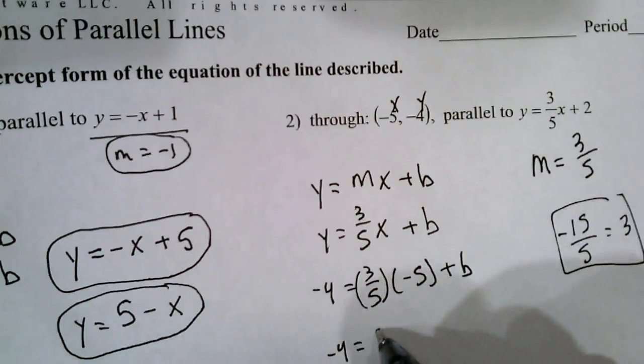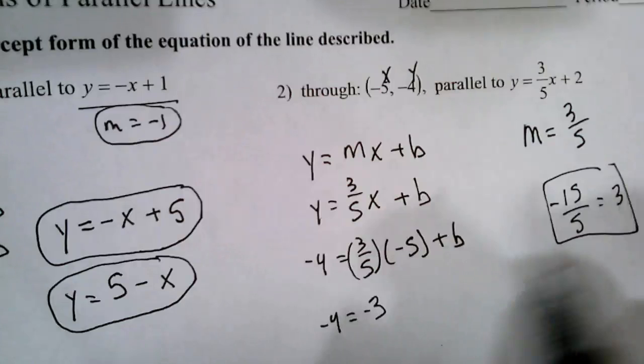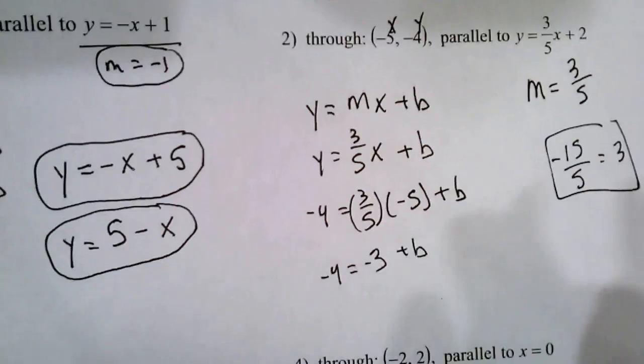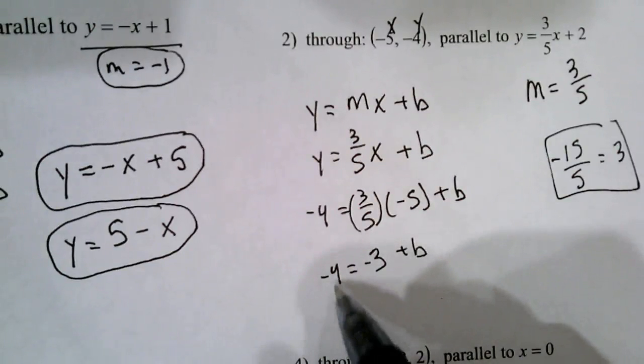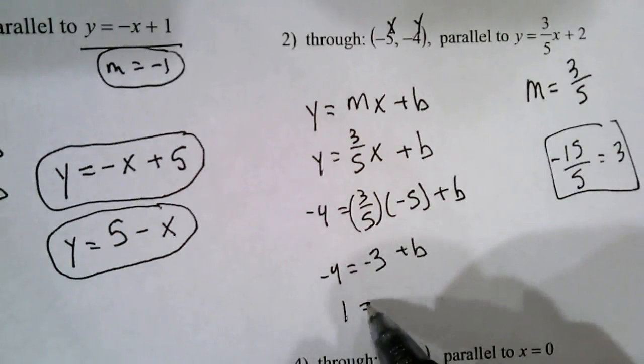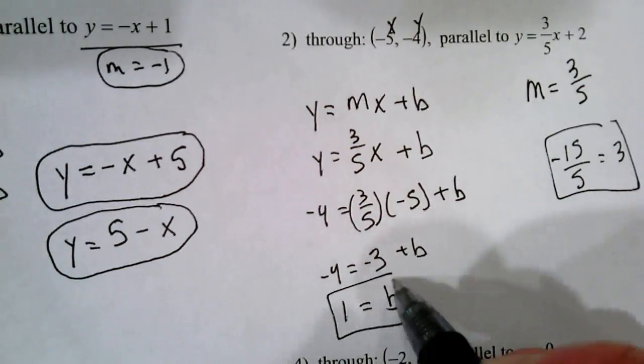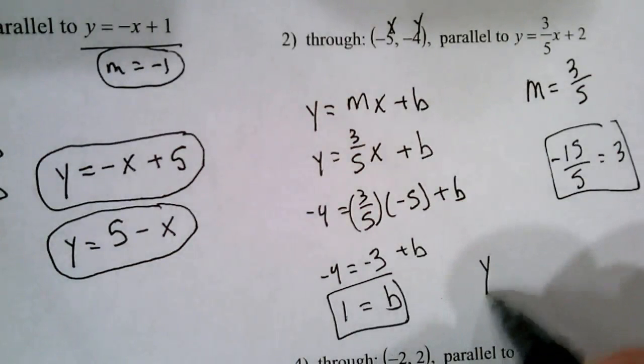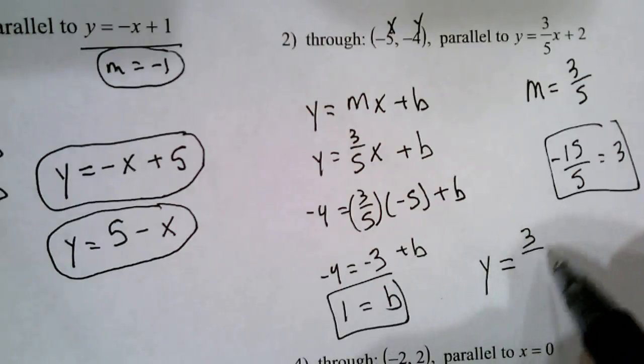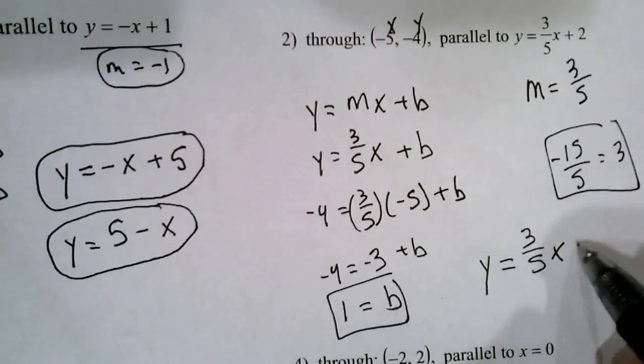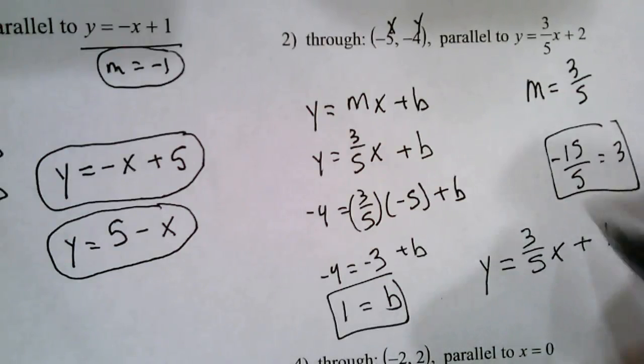So over here it's negative 3 plus b. So then we're going to add 3 to both sides. Negative 4 plus 3 is 1 equals b. And so our line is y equals 3/5 x plus 1.